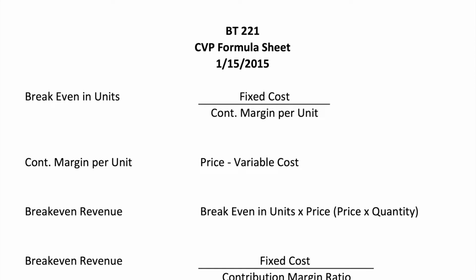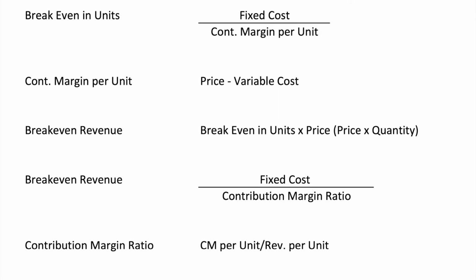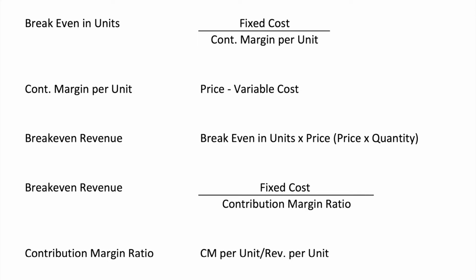An alternative way to work with this is to use the contribution margin ratio, which will get us the break-even in revenue more directly. So skip beyond the break-even revenue, the fixed cost divided by the contribution margin ratio, and look at what the contribution margin ratio is.